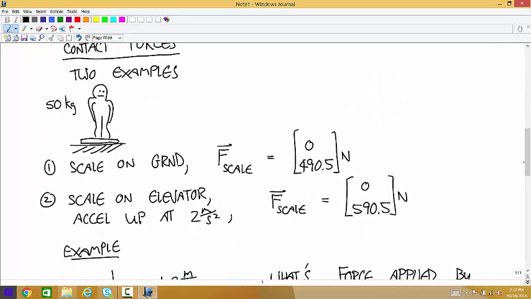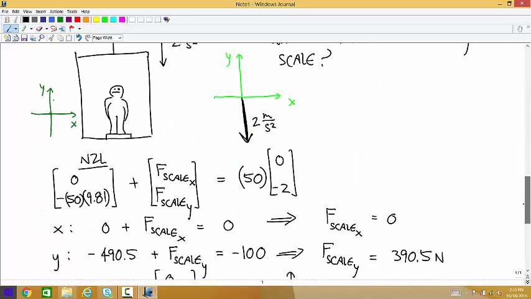So here's where it comes from. If you look at this example, if that scale wasn't accelerating at all, the acceleration on the right side of this equation would be 0. And so the y equation would say negative 490.5 plus F scale y is equal to 0, and that would give you F scale y is equal to 490.5.